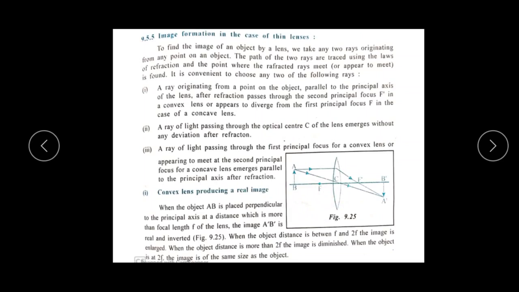If the object distance is more than 2F, or if the object is present beyond 2F, in such a condition the image formed is a diminished image. But when the object distance is exactly at 2F, in such a condition the image is the same size as that of the object. The object size and image size are both the same if the object is present at 2F.